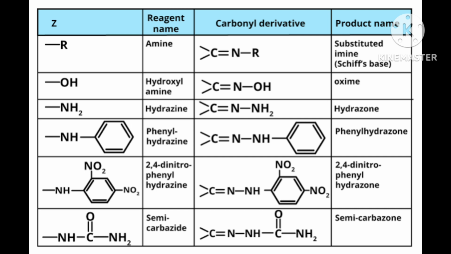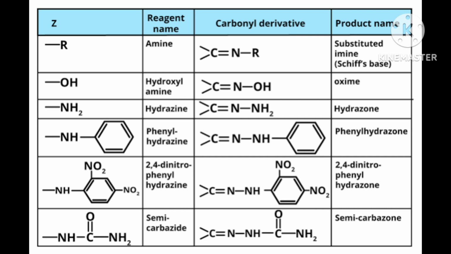Like that, now suppose NHCONH2 is there. In the place of Z, you have to write NHCONH2, a carbonyl group attached like that. This is called semicarbazide, NH, C double bond O, then NH2.